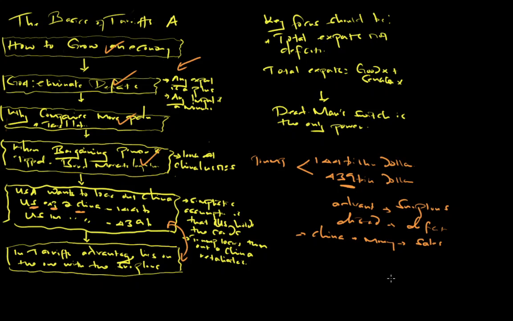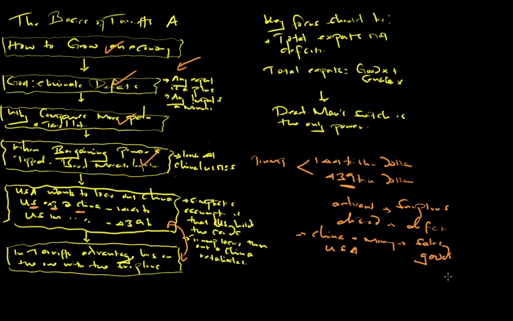China is giving up sales, which is money. They are not in deficit. USA, on the other hand, is giving up goods. And this is where the difference lies. When you want to see who holds the power, the person who cannot do without those goods is the one who does not hold the power.